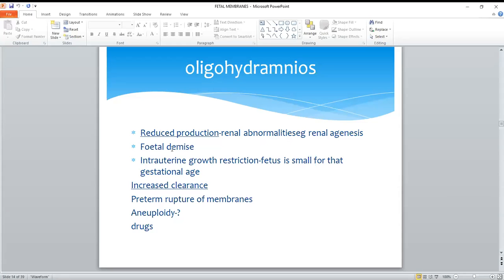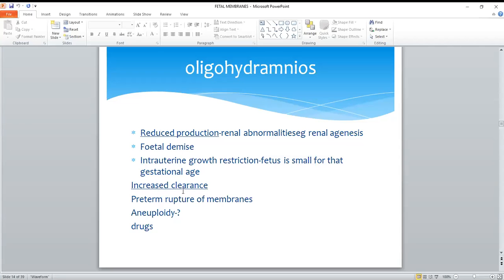Then fetal demise. This is just common sense, because when the fetus dies, there'll be less amniotic fluid. Then we have intrauterine growth restriction, where the fetus is smaller for that gestational age. When the fetus is smaller, the amniotic fluid volume will definitely reduce, so this can be a marker of oligohydramnios. So that's reduced production.